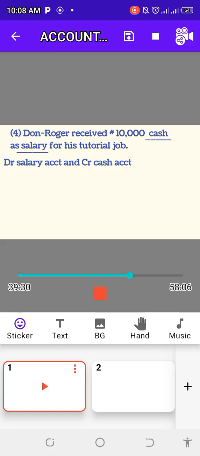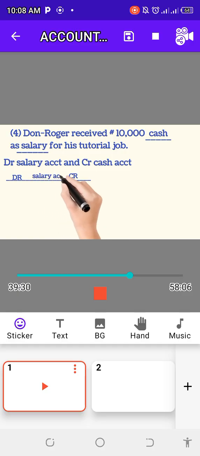So let's open the T account to explain the double entry. Now we open an account for salary, which is an expense. What did he receive? Did he receive a cheque? No, he received cash.